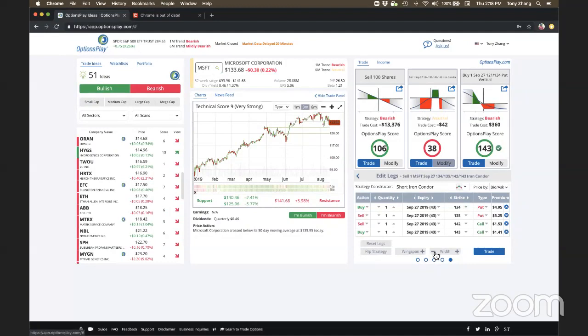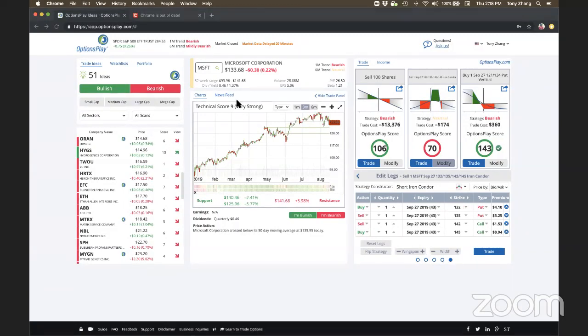However, what I find is that these strategies are completely useless in all other opportunities, which means that the market has to do exactly what you expect it to, which, I'll be honest, doesn't happen very often, right? So you think it'll stay between 135, 140, maybe it ends up staying between 132 and 137. And the strategy that we completely optimize just for that one scenario becomes completely useless in all other scenarios.